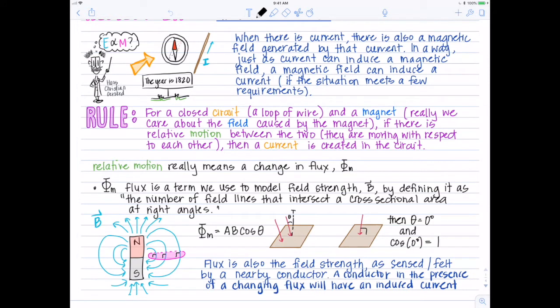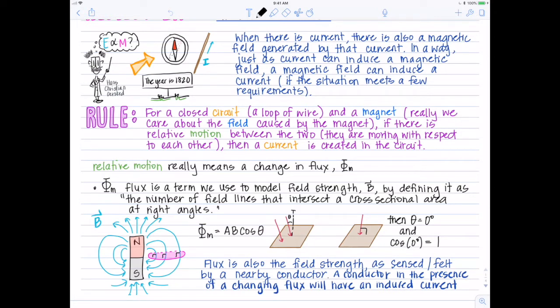So flux, I think, has confused people in our discussion because it is so closely related to field, but it's not equal to field. The flux is a product of field, where the strength of the field contributes to the value of the flux, but they are not one and the same. We have a couple of different definitions for flux.